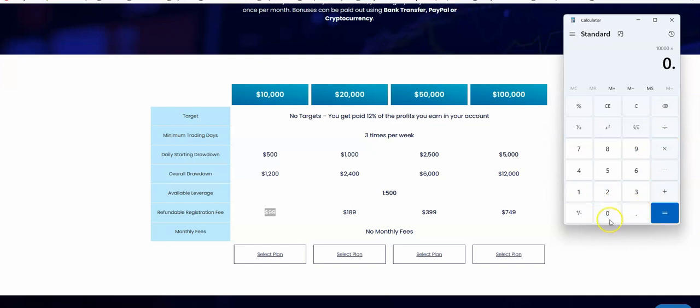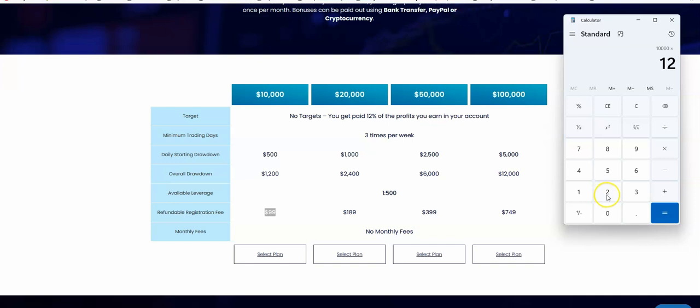So that means your 12%, no, sorry. That means your 12% would be 1.2. So let's say 10K, all right? 10% of that 10K is this, all right? Cool.